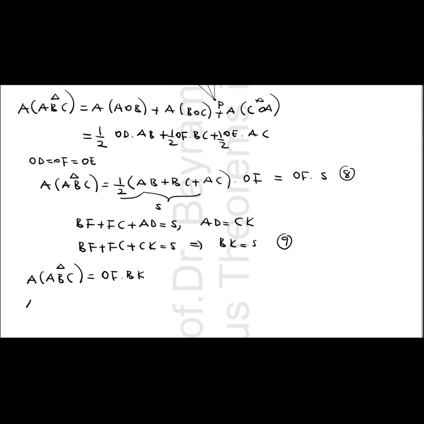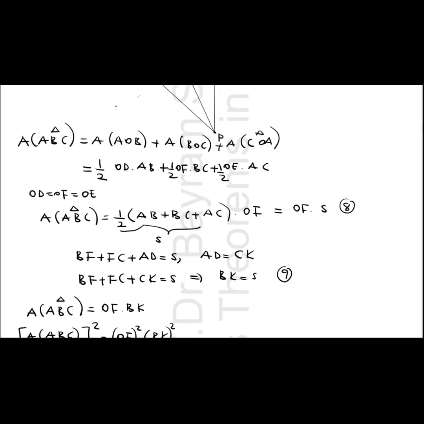If you take the square, then you have ABC square equals OF square times BK square. Okay, let me look at this OF square. So we can write OF square as BF times FG. So we have BF times FG times BK square.